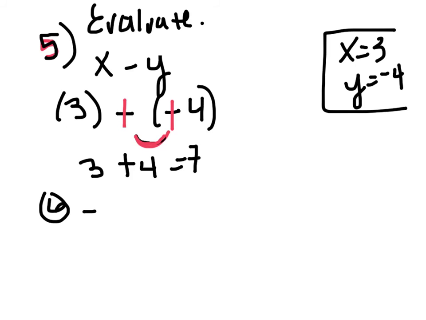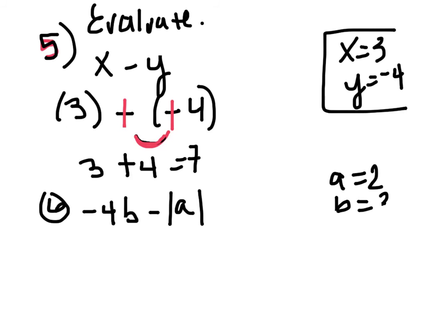Let's see problem number 6. If we have minus 4b minus the absolute value of a, and we know that a is equal to minus 2, and we know that b is equal to 3.5, we will substitute and we will do it in parentheses.